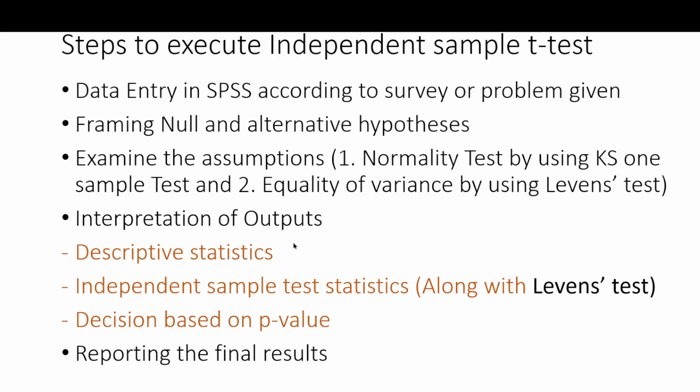Now you have to make interpretation of output. The first output will be descriptive statistics. Next is independent sample test statistics along with Levene's test. You can find it in the result and then you have to make a decision based on p-value and then report the final results. So these are the steps which are required to execute and report the independent sample t-test.